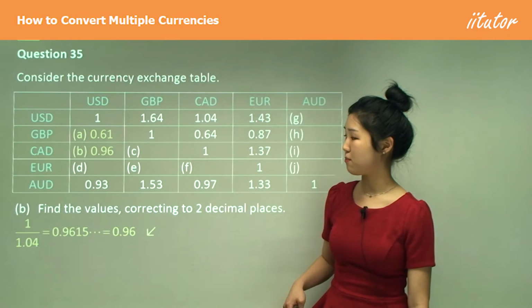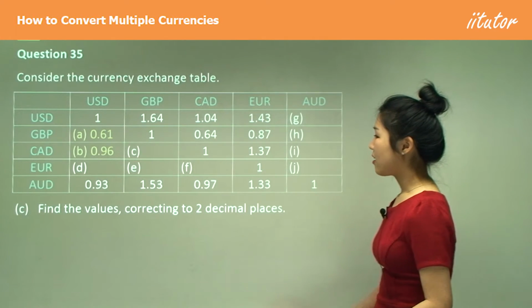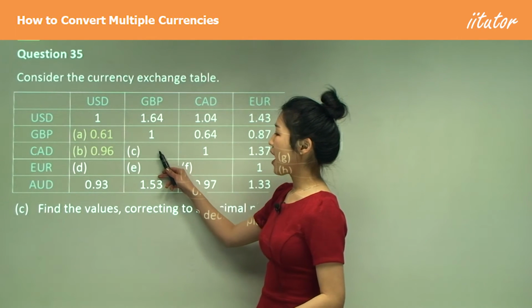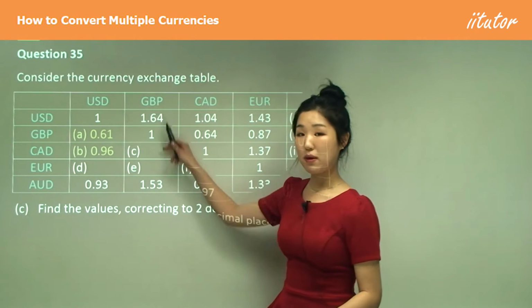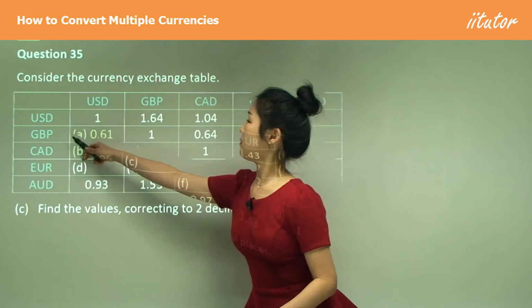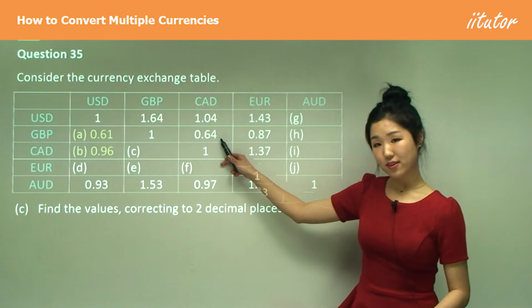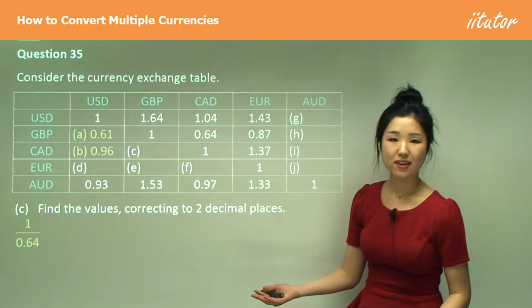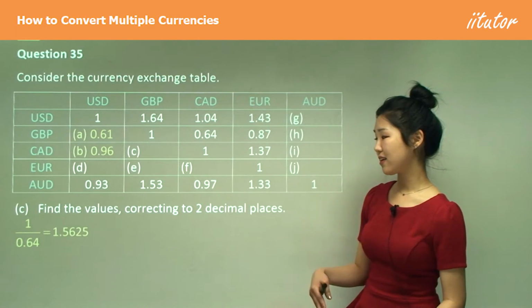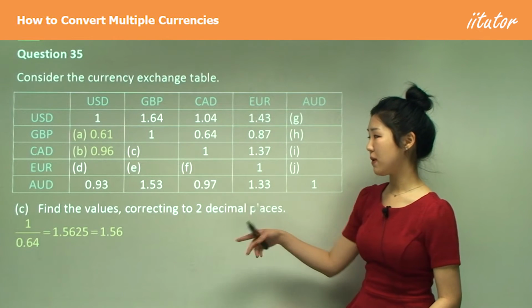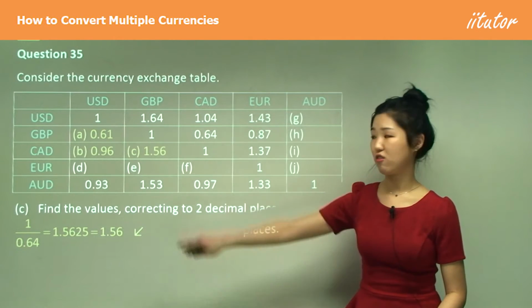So just plug that into your B. C is over here. So we want to know how much CAD is to GBP. Now GBP to CAD is 0.64, just the inverse again. Just calculate it, that's that, 2dp, and you can just put that back in the box there.